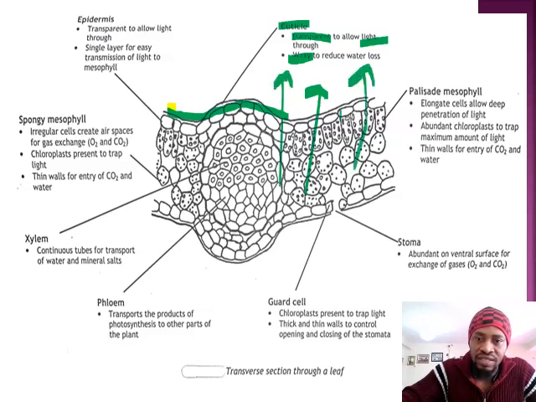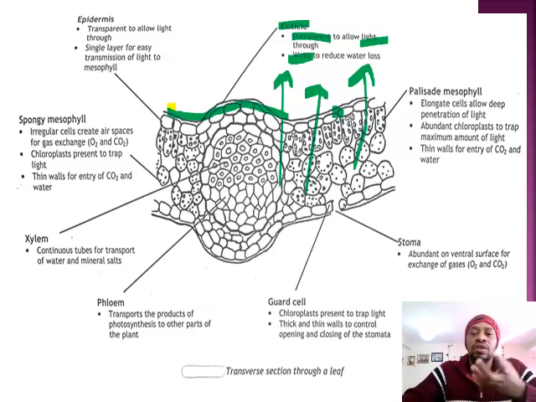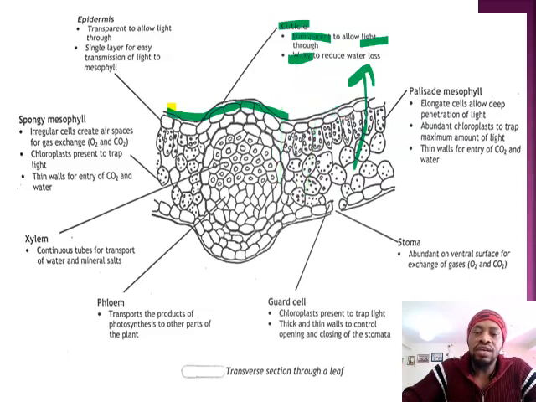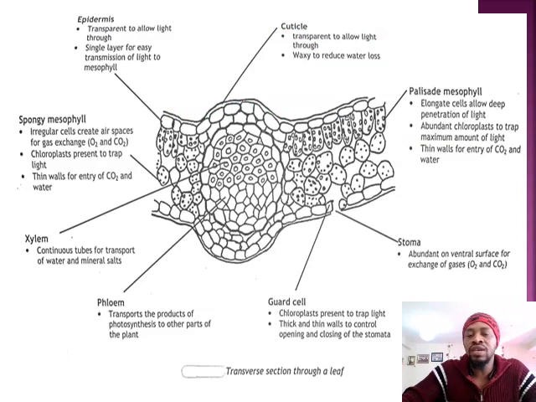It cannot exit the leaf. It means the waxy cuticle helps to keep most of the water inside, such that it is always used and reused for photosynthesis, because water is part of that chemical equation. Carbon dioxide, water, energy gives glucose and oxygen.